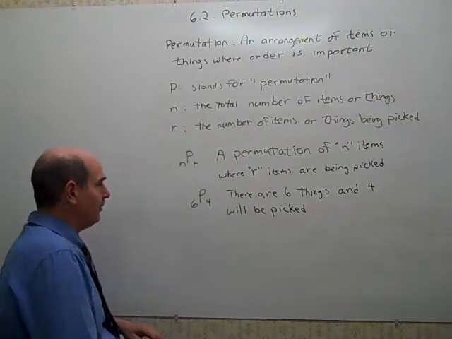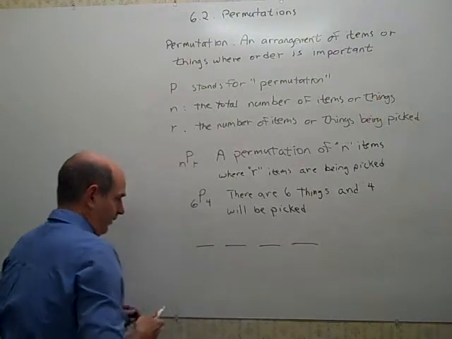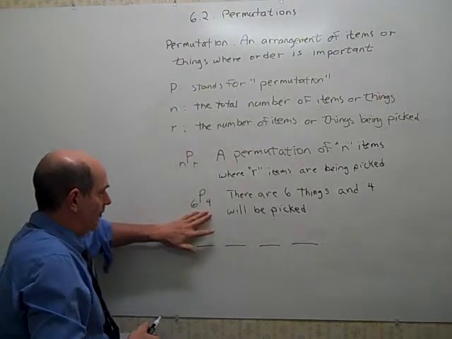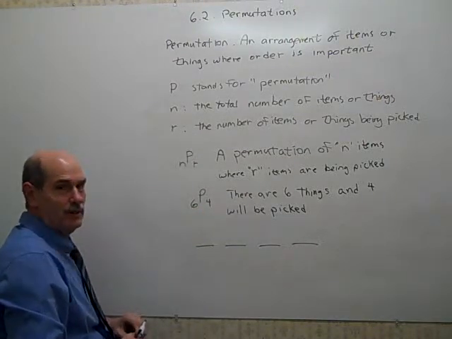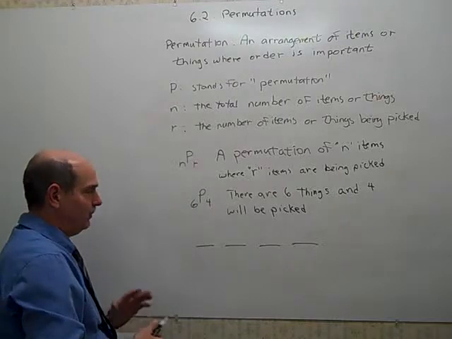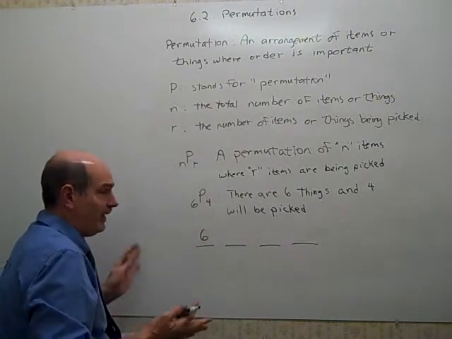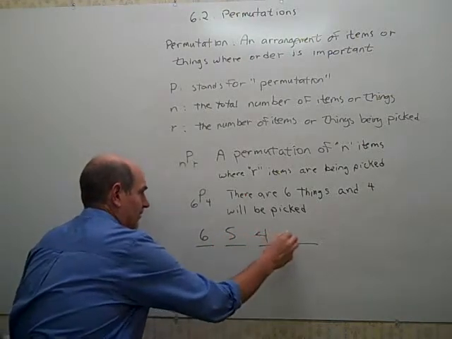If you're going to pick 4 things, you're going to have 4 slots for the things that you're going to pick. If this was that example of there are 6 girls and you're going to pick 4 of them to run a relay race, when you're deciding who can run the first leg, you've got 6 people to choose from. If you pick that girl, there's only 5 left for the second leg, and then 4, and then 3.